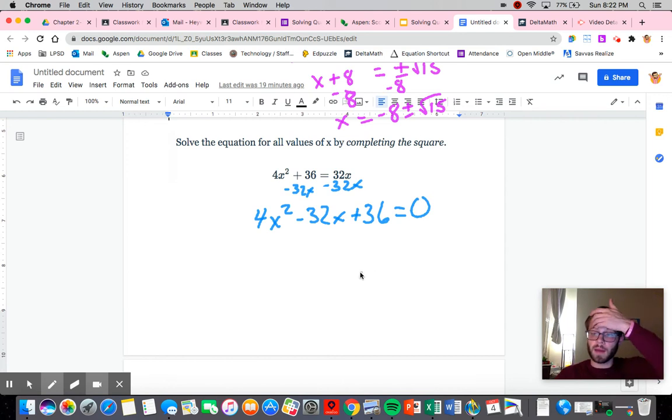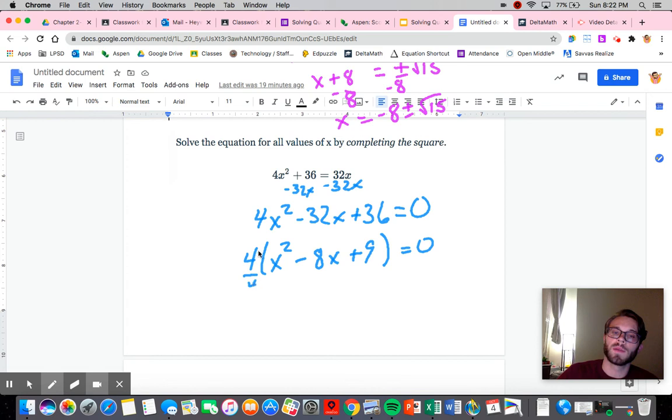Once again, we can factor out the 4. The first thing you should do when a is not 1 is factor out whatever a is. Luckily in this case it is evenly divisible. So 32 divided by 4 is 8x, and then plus 9, and that is 0.